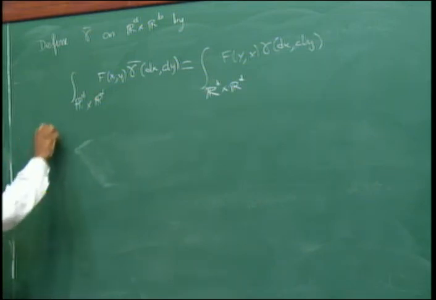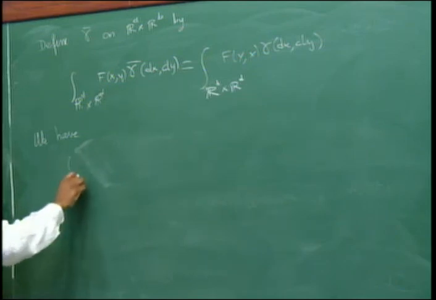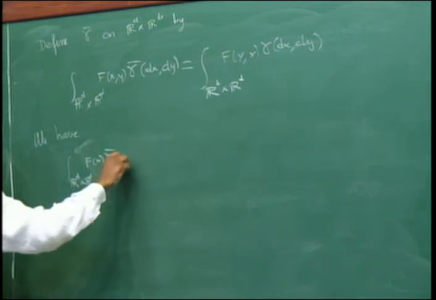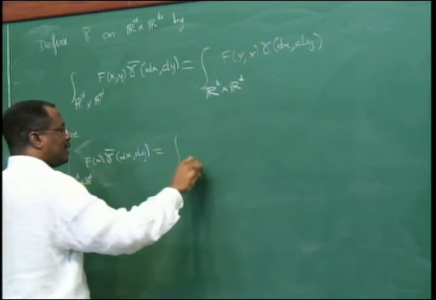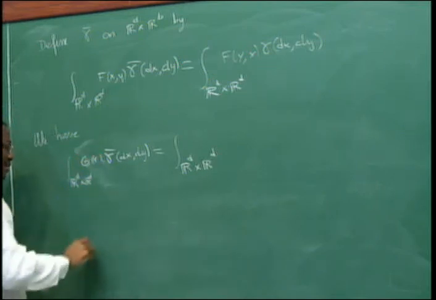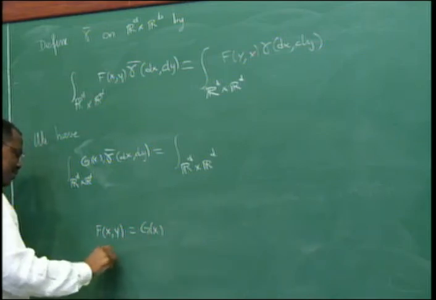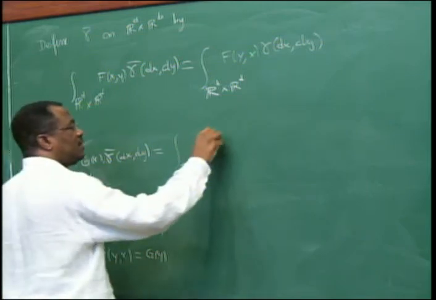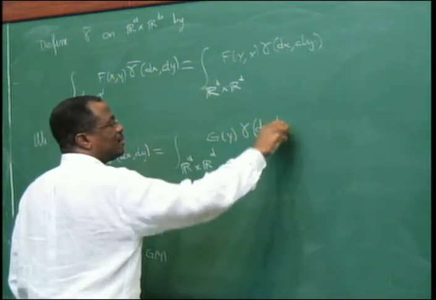I want to check what is the first marginal of gamma bar. The integral over Rd cross Rd of f of x gamma bar dx dy is equal to the integral over Rd cross Rd. So this is my g of x. So f of x,y is g of x. If I write f of y,x, this will be g of y. So this is g of y gamma dx dy.